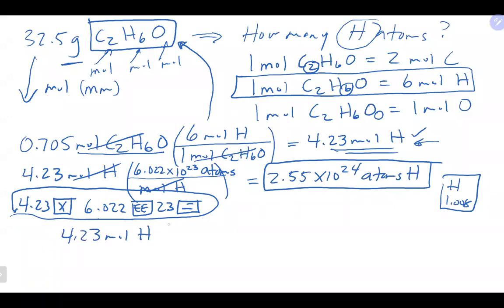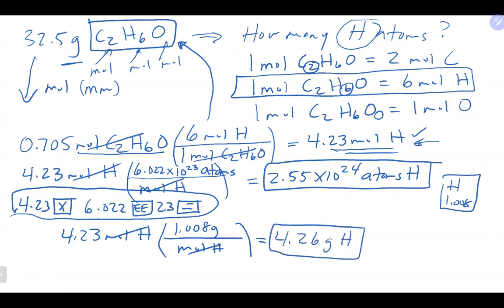So you could just do the same type of conversion we did previously. We would do 1.008 grams up on top, a mole of hydrogen on the bottom. Again, those guys would cancel, and we would end up with 4.23 times 1.008. And it gets me, looks like 4.26 grams of hydrogen.